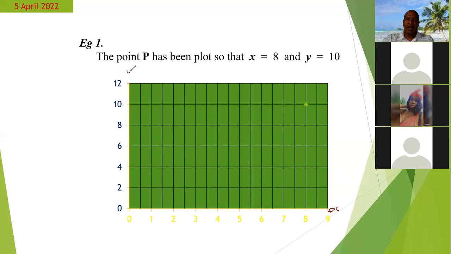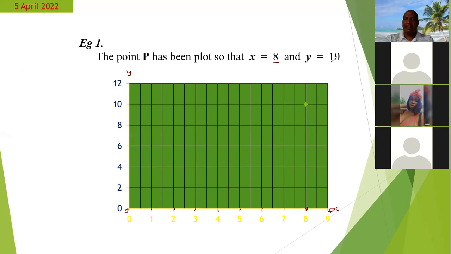Now, if we are counting along the x-axis, we want to find 8. So we move along the x-axis from the origin, counting from that origin 0 position. So we count 1, 2, 3, 4, 5, 6, 7, 8, right? So this is our x position.